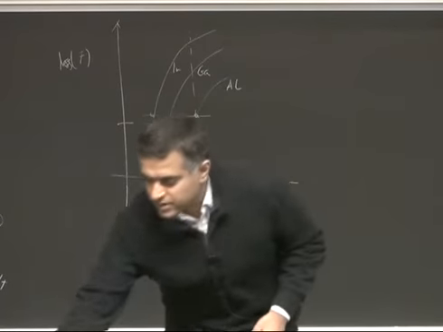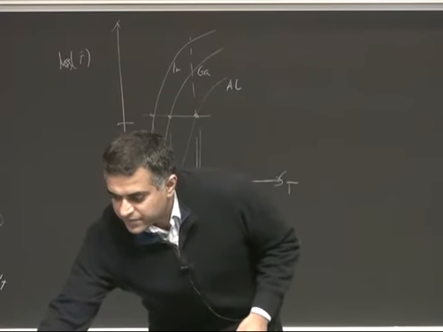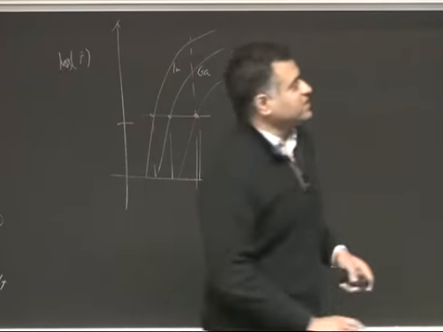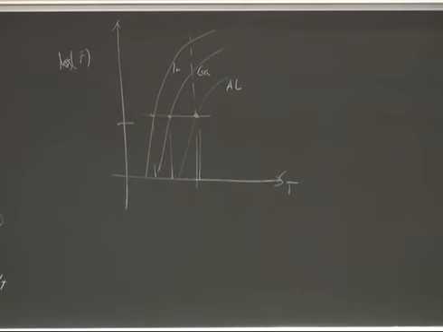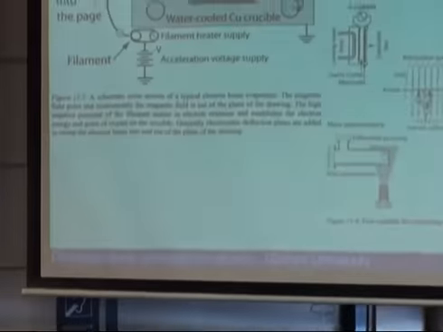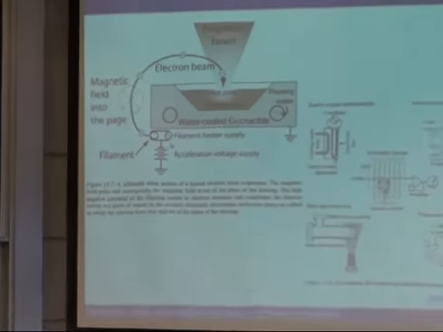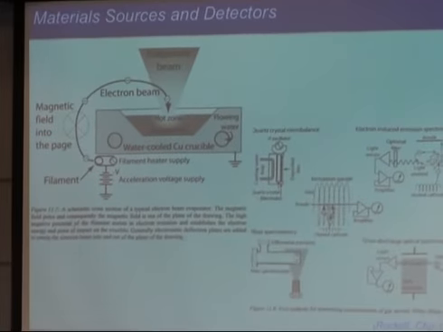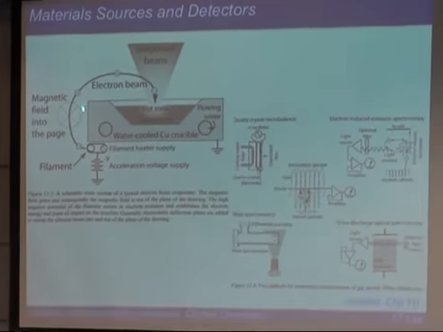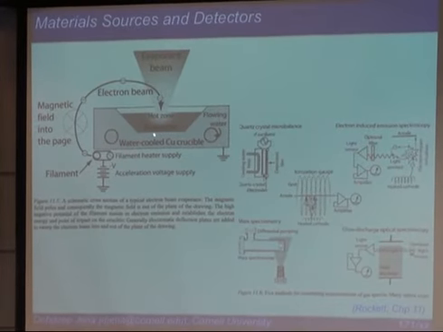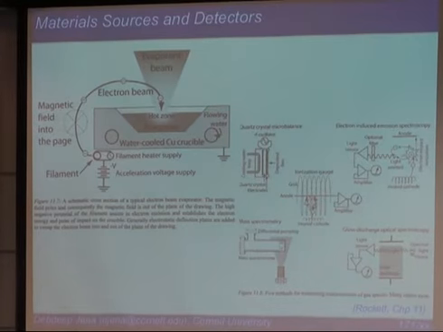Okay, so let me look at that method. If you have a very refractory element, what you do is you put it in a crucible, basically a boat made of graphite or something else. Yes, it is a water-cooled copper crucible, so you have water going in, water coming out, and there's your very hard to evaporate material sitting there, molybdenum or something like that.